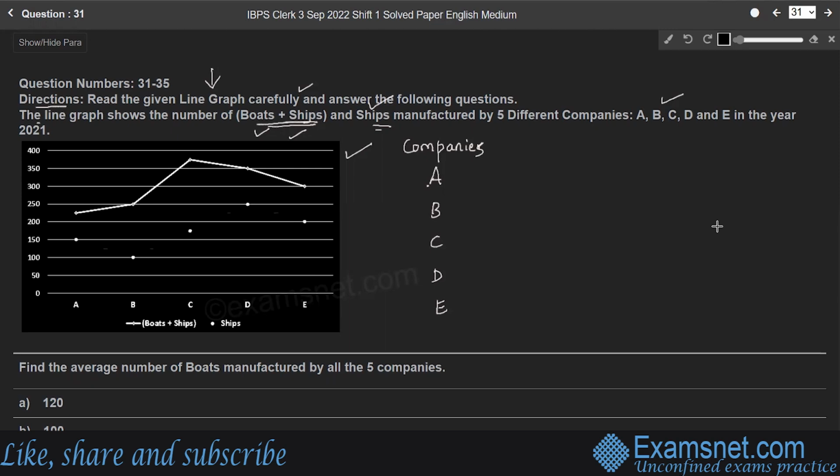So the total number of boats and ships together manufactured by A. According to the line graph, this line shows boats plus ships.